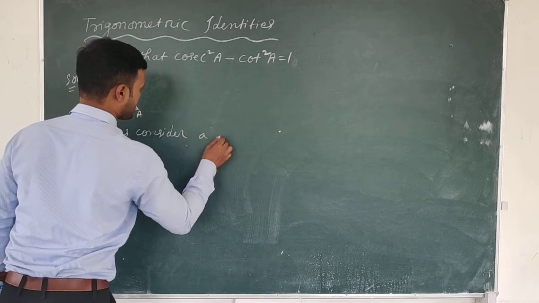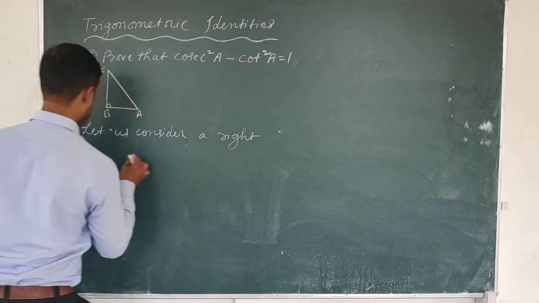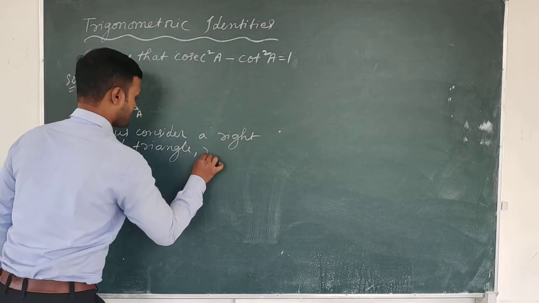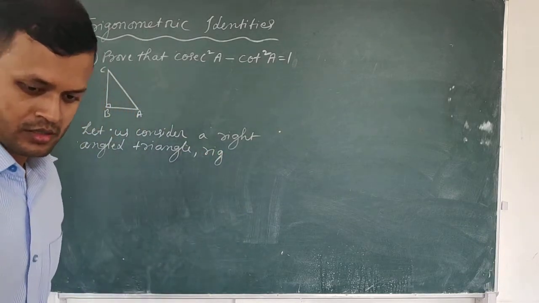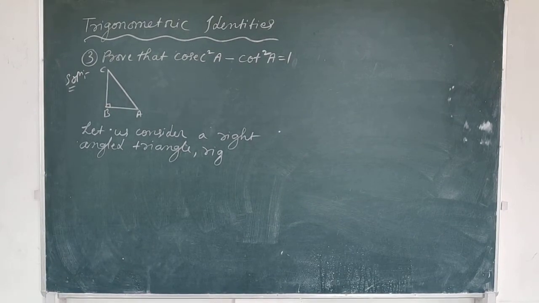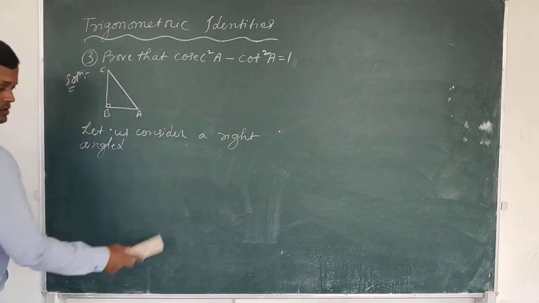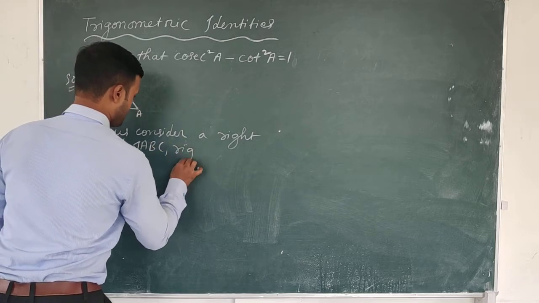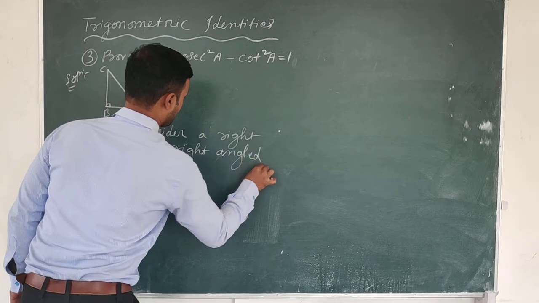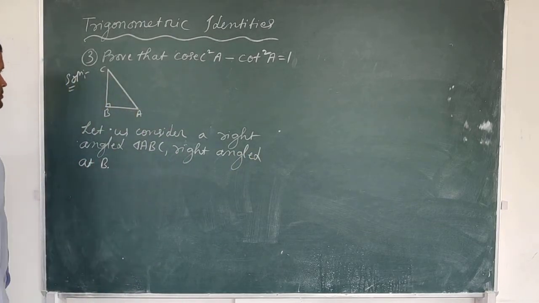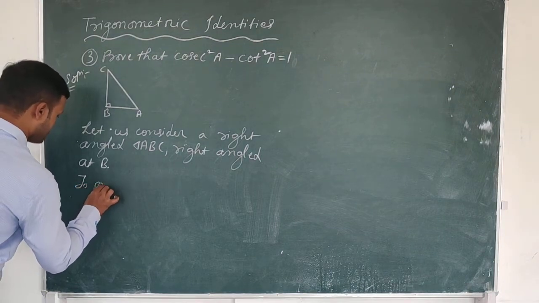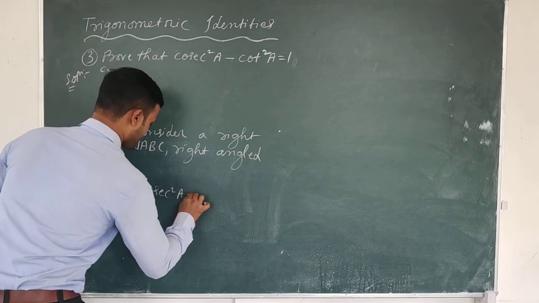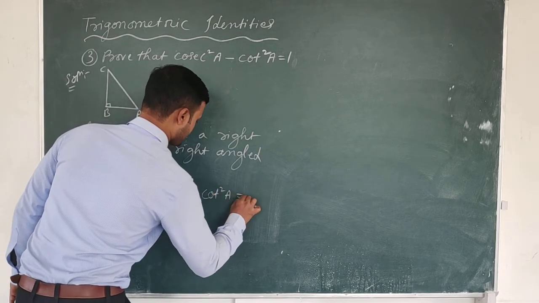Let us consider a right angle triangle ABC, right angle at B. To prove cosec square A minus cot square A is equal to 1.